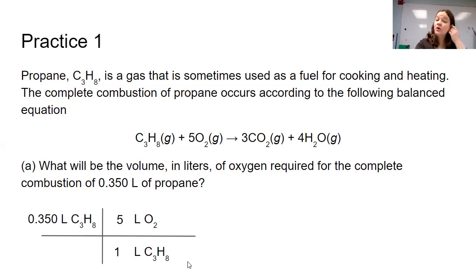I use those coefficients as a ratio. So in this case, I'm going to multiply 5 times 0.35. So I would need 1.75 liters of oxygen to react completely with that amount of propane.